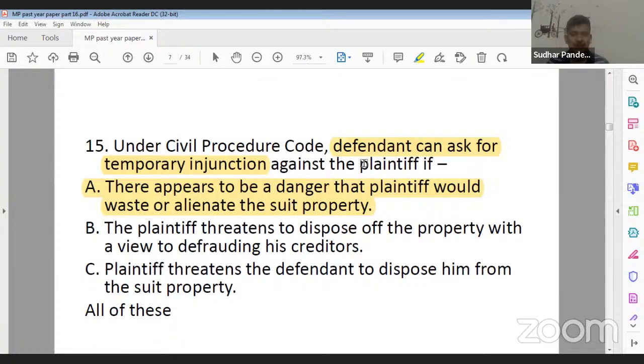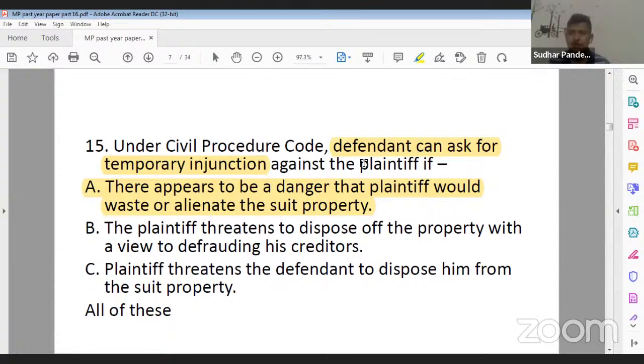So the defendant can seek injunction against the plaintiff only in the case where there is a danger that the plaintiff would waste or alienate the suit property, while B and C options are available when the plaintiff can seek temporary injunction against defendant, not defendant against plaintiff. That's why I have told you that this particular question is a bit technical.